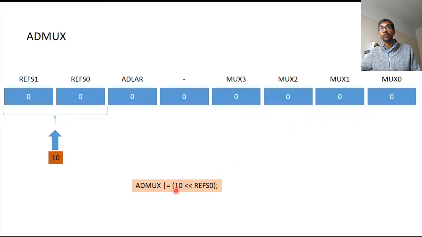And then you say 1 0 left shift REFS0. What that means is this 1 0 will be put in the bits starting from the position REFS0. So 0 will be put here and 1 will be put here. Hopefully that helps you to understand some of the syntax that I have used in the code.